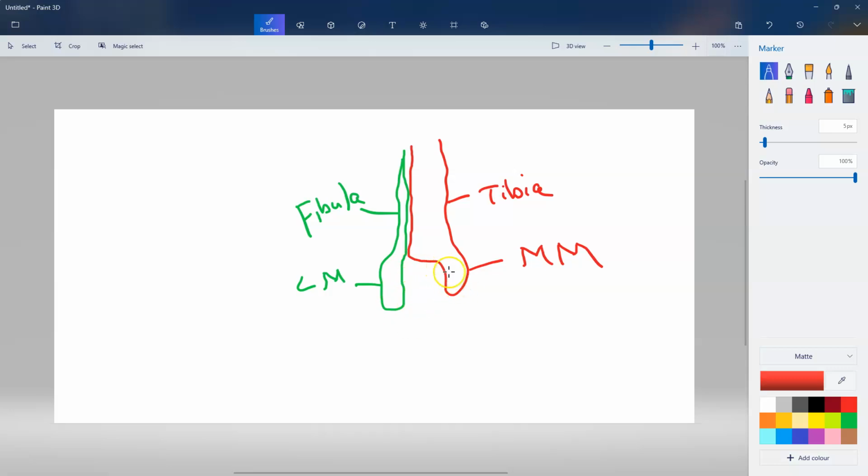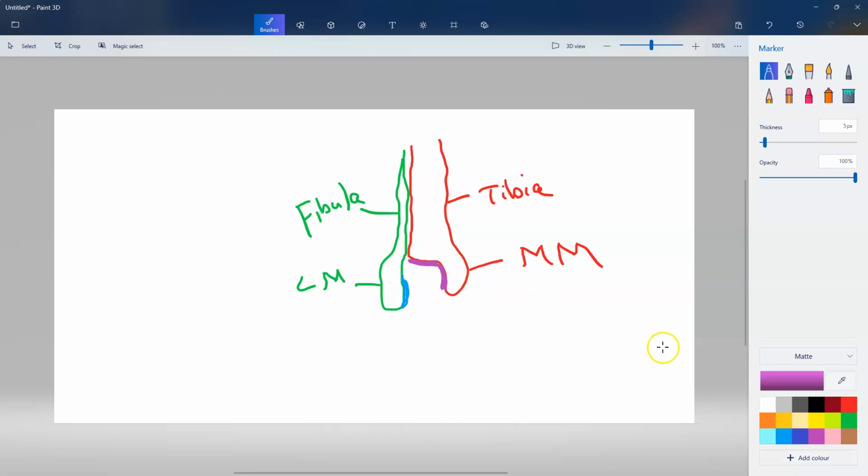We can see that there's a space here between the two. So we have a medial surface on the fibula, which I'll just draw in blue. That represents the medial surface of the fibula. And then we have the lateral surface of the tibia on the medial malleolus, but we also have an articulating surface here on the distal tibia in the space in between.